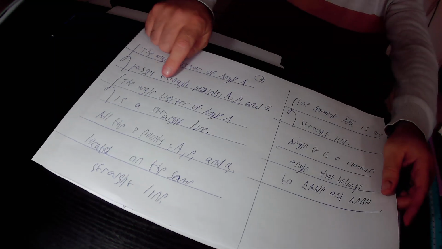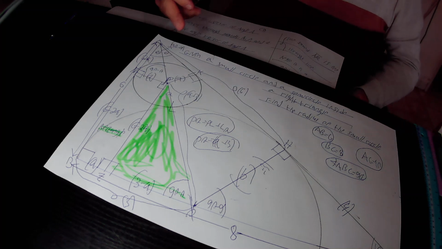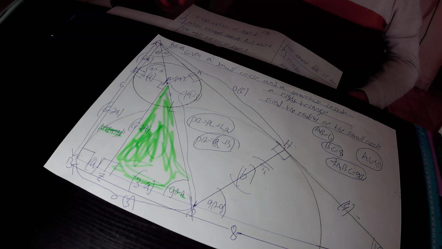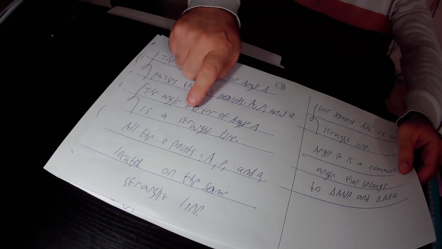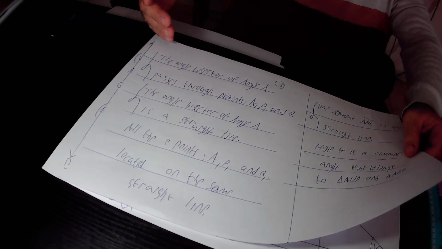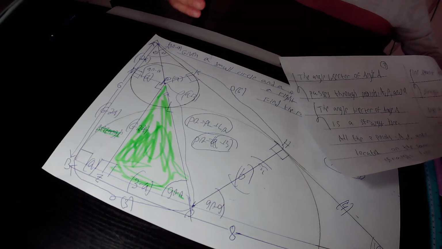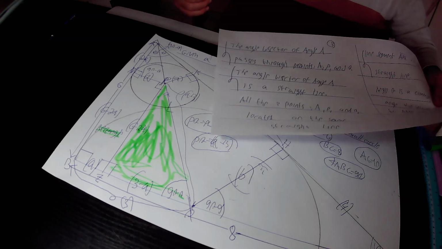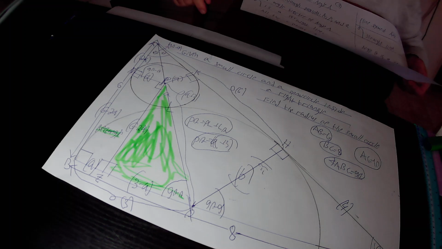So therefore all the 3 points A, P, and Q are located on the same straight line, and the straight line is the angle bisector of angle A. The angle bisector of angle A is a straight line, so all the 3 points are located on the same straight line.